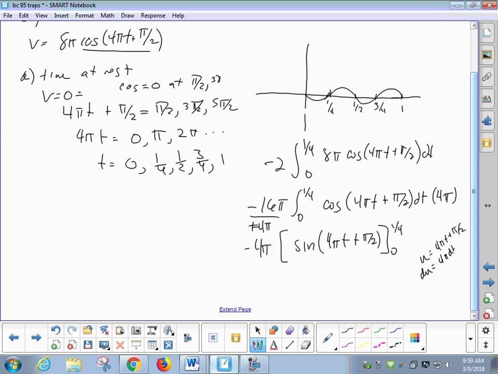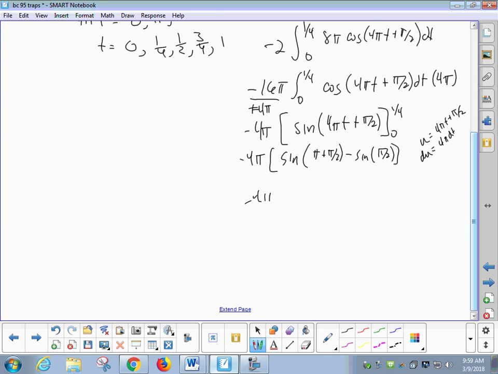Negative 4 pi times sine of pi plus pi over 2 minus sine of pi over 2: negative 4 pi times negative 1 minus 1, so negative 4 pi times negative 2, I get 8 pi for my total distance. That's a good one.